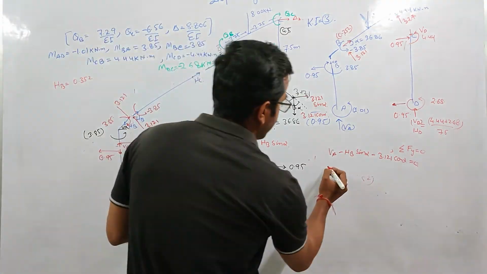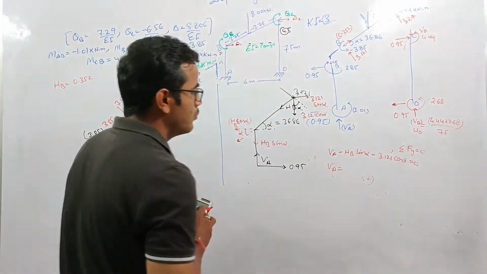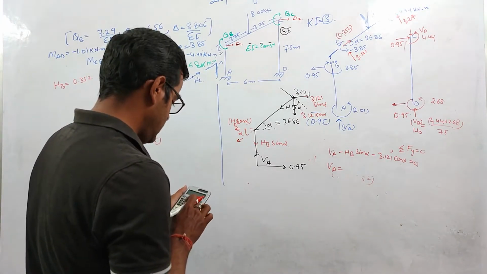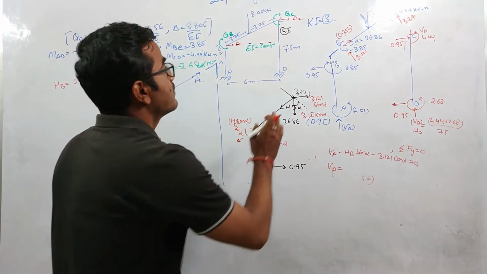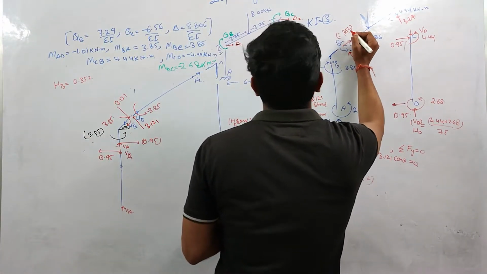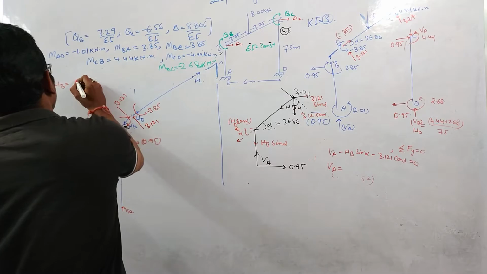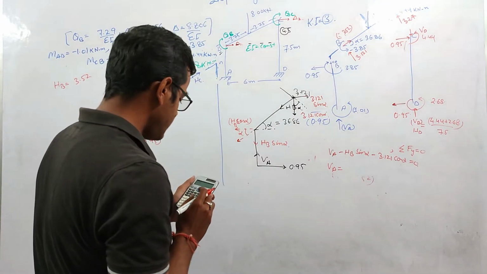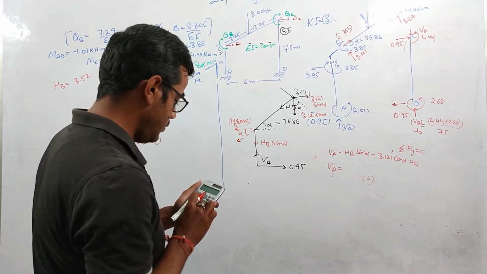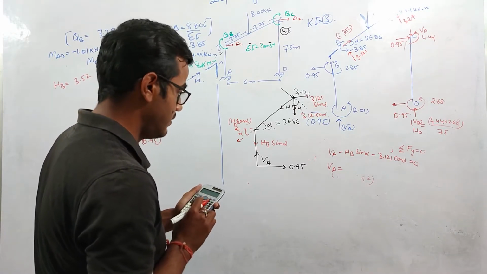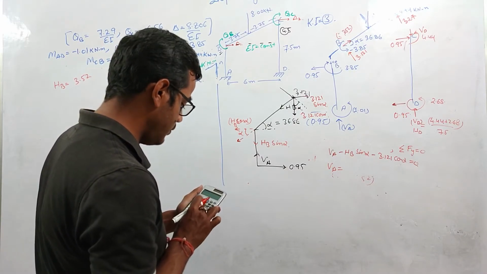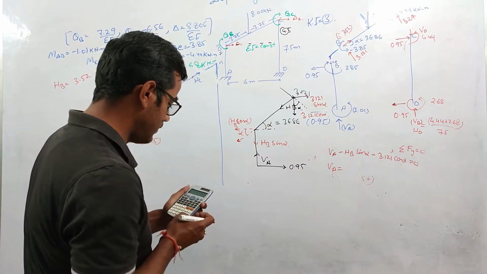If you do that, VA comes out to be, with HB as 3.52, 3.52 into sine 36.86 plus 3.121 into cos 36.86.